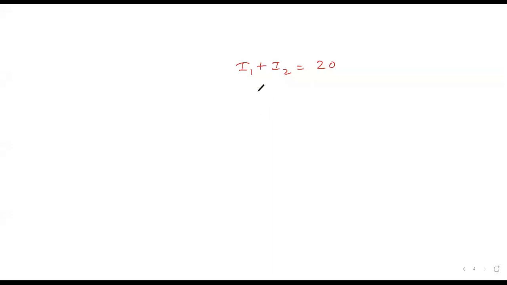Can you tell me the other two equations, if you have written them?